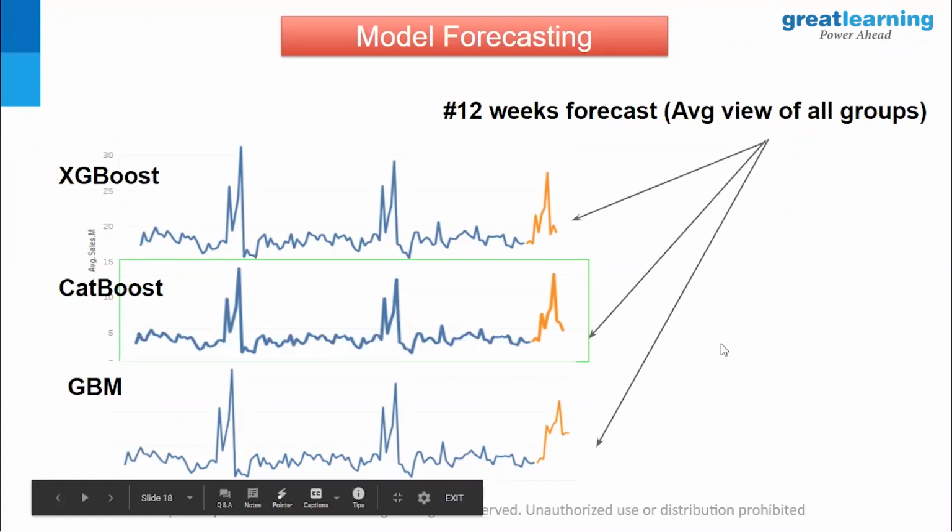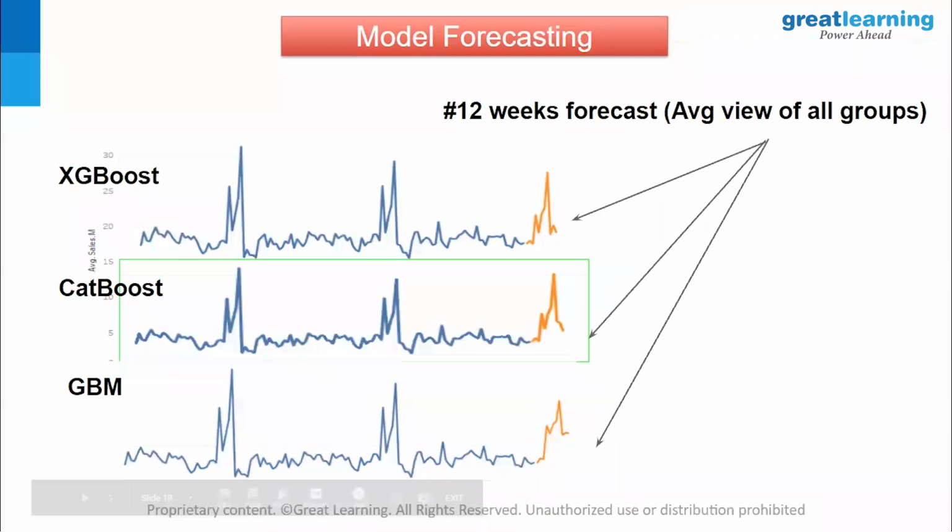So again, this is the forecasting horizon, and we really don't know what is right and wrong. So most of the time, what we do is first look at the validation error and pick up the models which have less validation error, right? And then we look at the forecasting trend for those models.